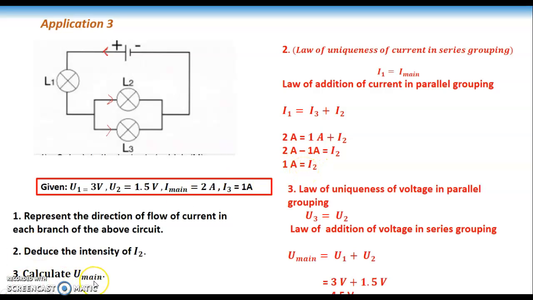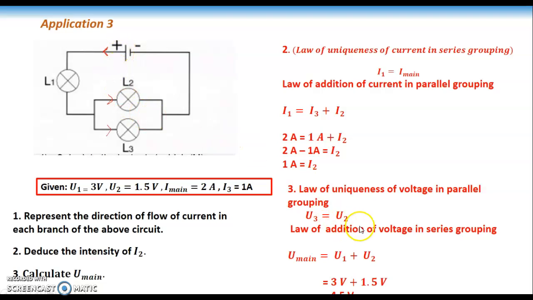Now calculate U main. By law of uniqueness of voltage in parallel grouping, U2 is equal to U3. But this whole grouping altogether, if I take it as one package, we can see that it is in series to L1 and to the battery.